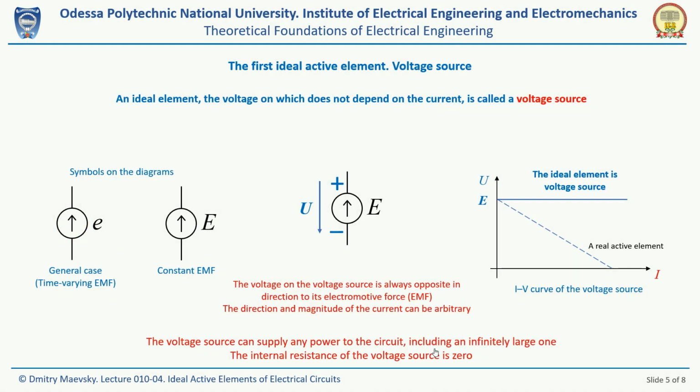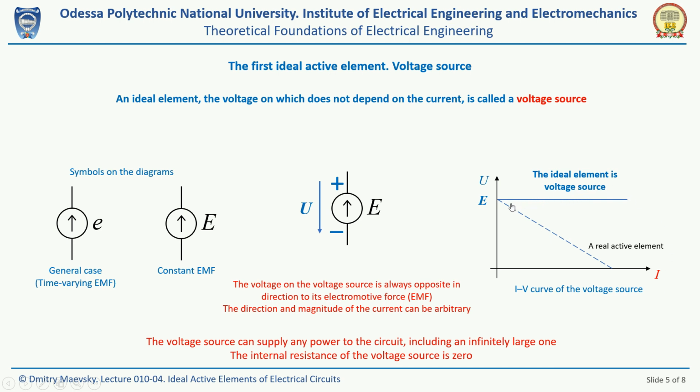An ideal element, the voltage at the terminals of which does not depend on its current, is called a voltage source. It follows from its definition that the voltage current characteristic of the voltage source should have the form as shown in this figure.